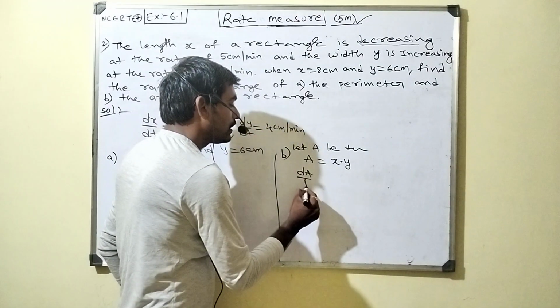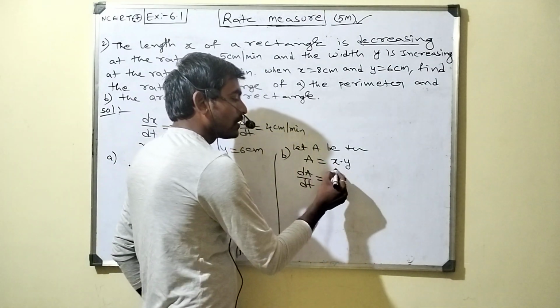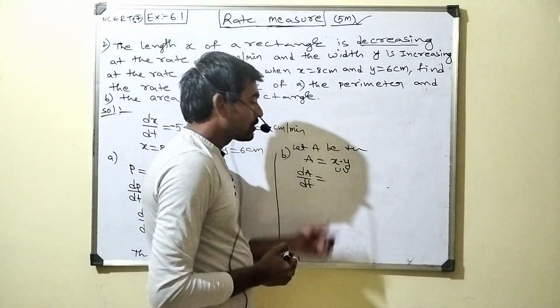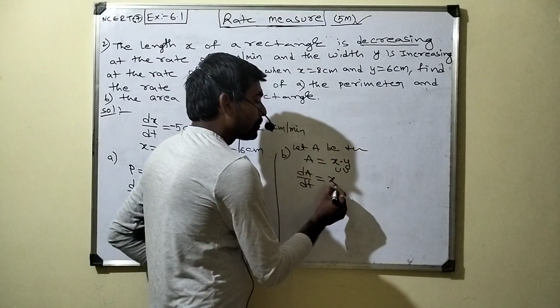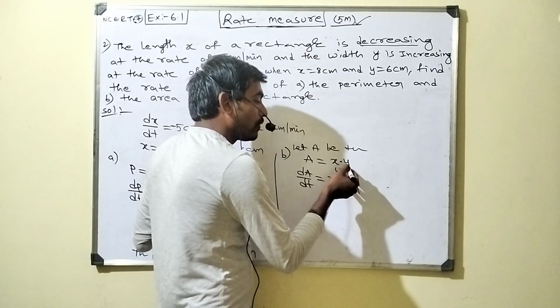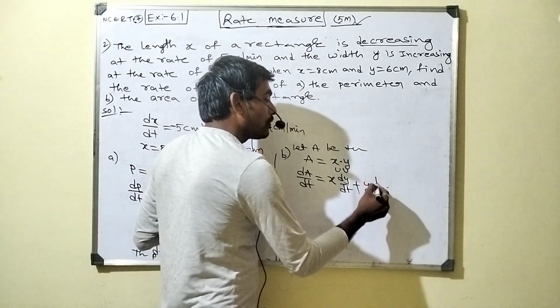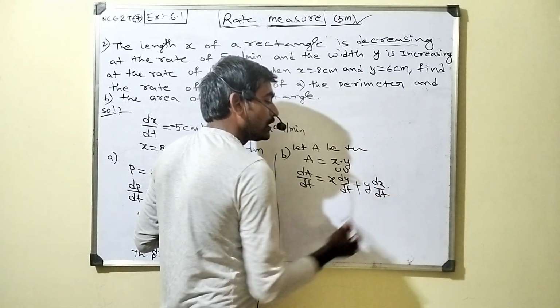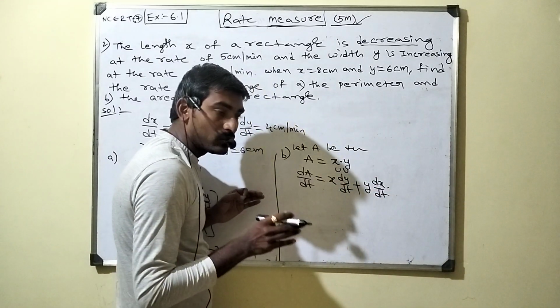So dA by dt, which is like uv: x copied, y derivative dy by dt, plus y copied, then derivative of x, dx by dt. I am doing this with respect to time.